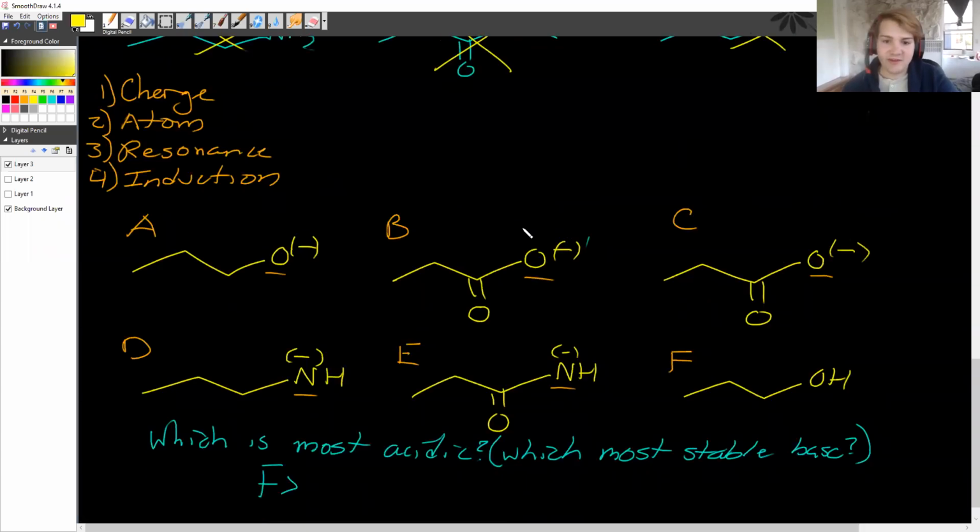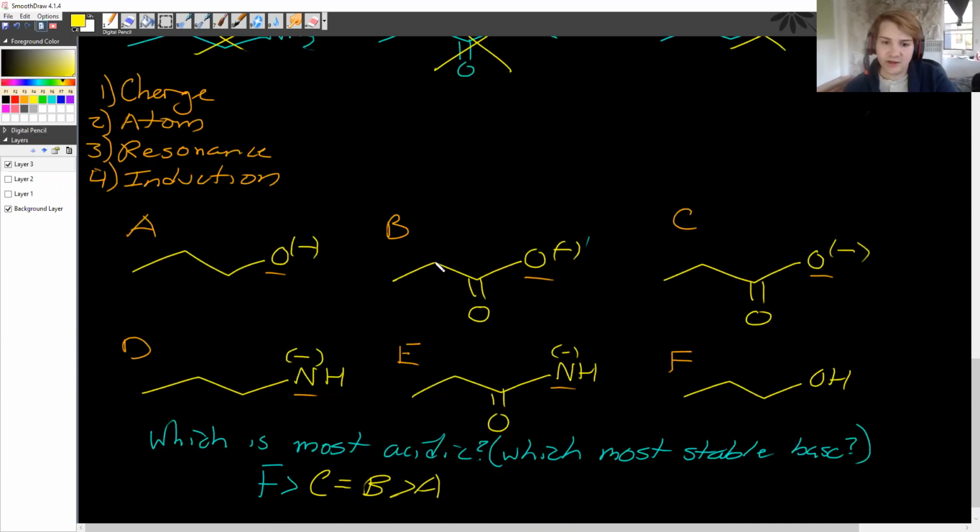The only problem is that I didn't account for this portion of the problem, so we have an overlap going on. Which is better, oxygen or oxygen? They're exactly the same. So we go to resonance, and we can say that C is equal to B, which is better than A, because this just happened to give us the same molecule.